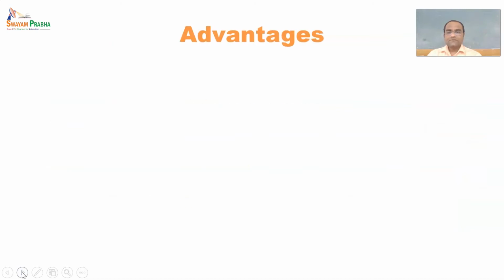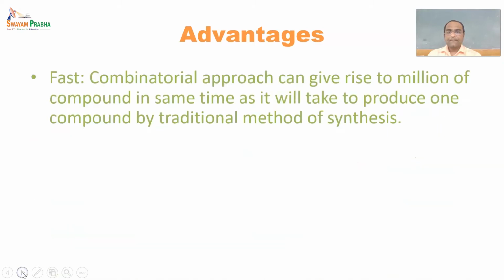So we'll see firstly the advantages. As we have seen how combinatorial synthesis works, it can be concluded that it is a fast method. If a medicinal chemist starts with a conventional synthesis, he can synthesize only one product at a time.